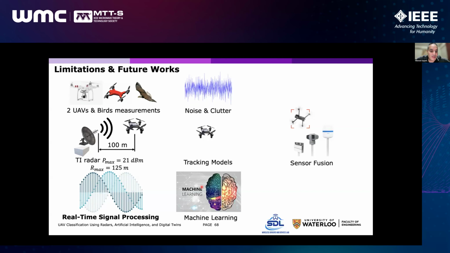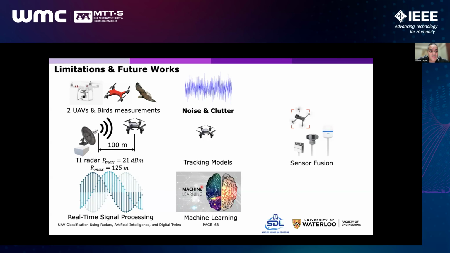Signal processing done in this work was only a proof of concept. It wasn't in real time. We didn't implement this on hardware, and this should be addressed in the future. In our simulations, we didn't consider noise or clutter or any other sources. This is because before this year, ANSYS HFSS specifically didn't provide us the ability to deploy noise sources.